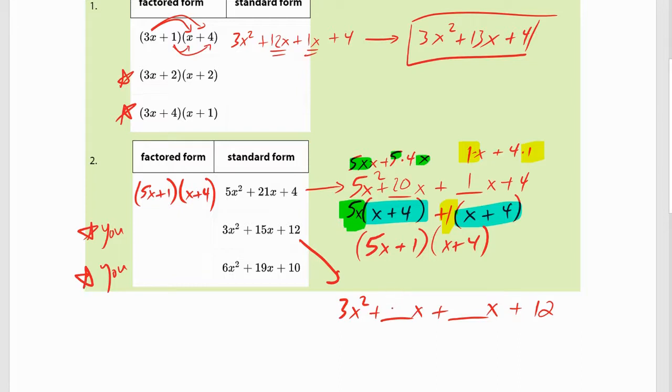So the question is, let's see, what about, well, what do you think? What should we do?